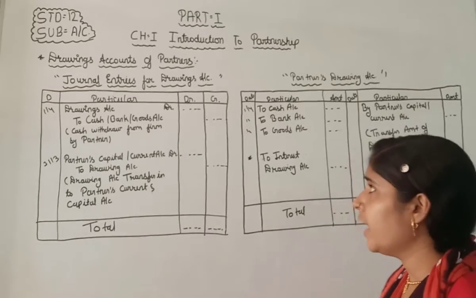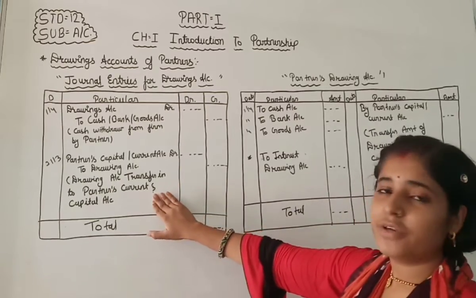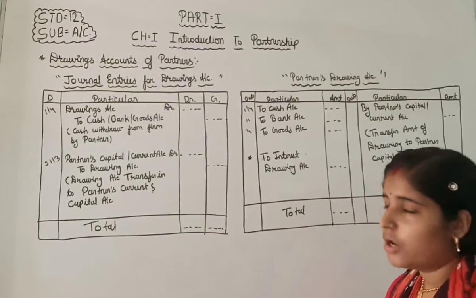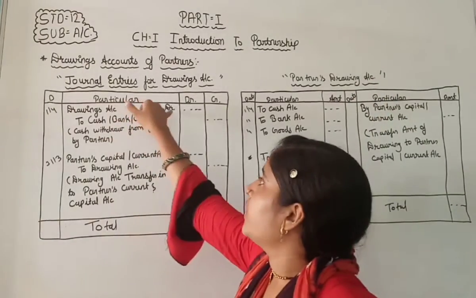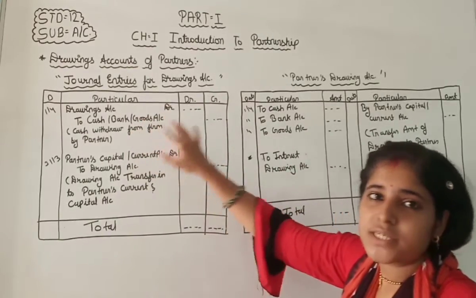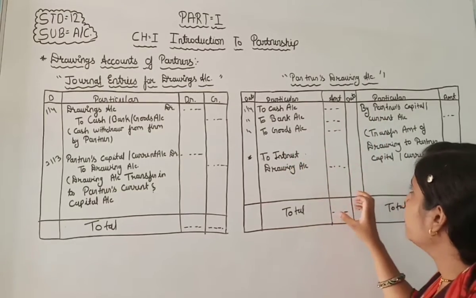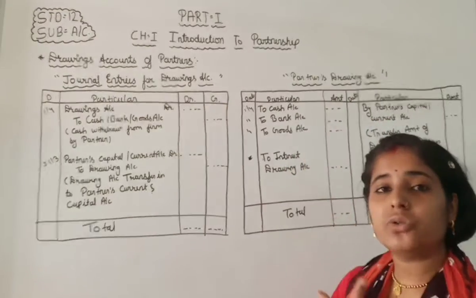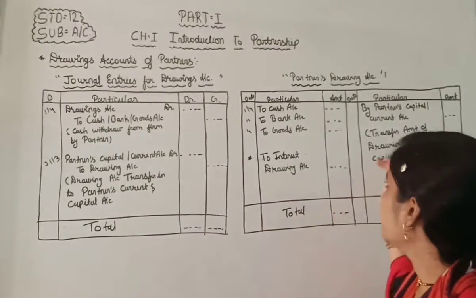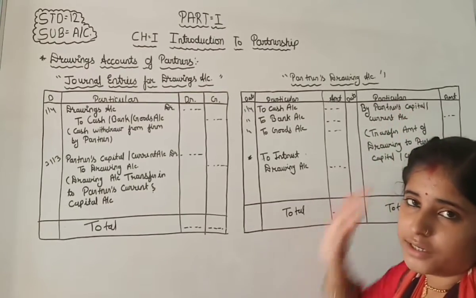Now I hope this is clear. This general entry we post into the partners' drawing account. On the drawing account debit side we write the names of cash, bank, goods, assets. Then this total is merged and transferred to the partners' capital or current account, so on the credit side we write by partners' capital and current account.